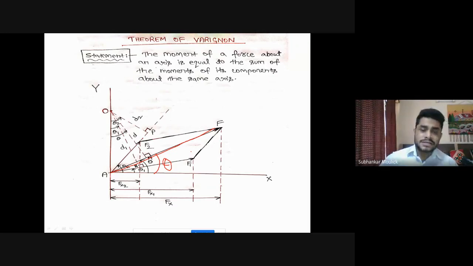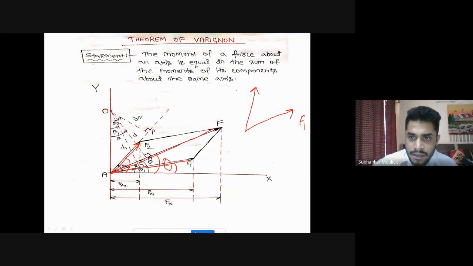Let this force F have two components. One force is F1, which makes an angle theta 1 with respect to the x-axis. Another force is F2, which makes an angle theta 2 with respect to the x-axis.